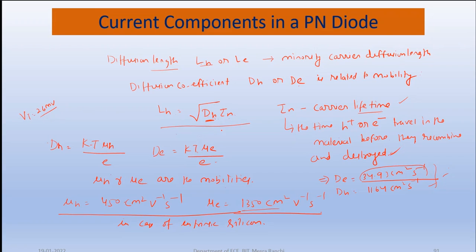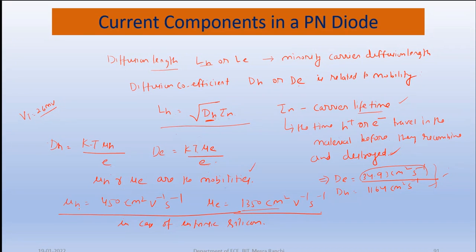It will be finished, sir. Right. This diffusion coefficient is related to the mobility of the charge carriers. So DH equals kT mu H upon e, and DE equals kT mu E upon e, where mu H and mu E are the mobilities for holes and electrons.